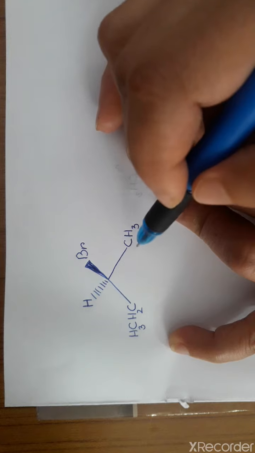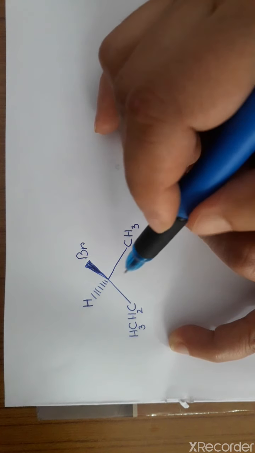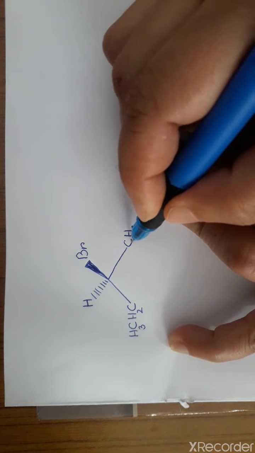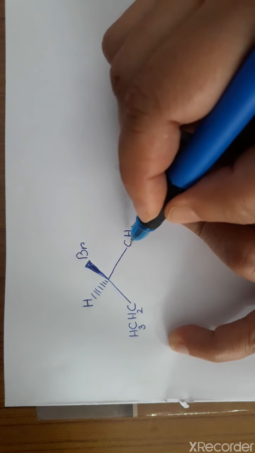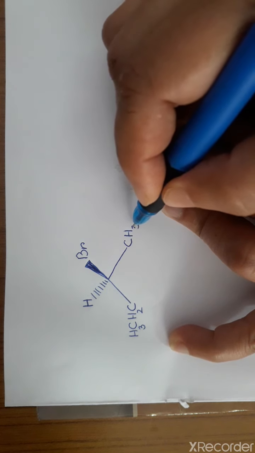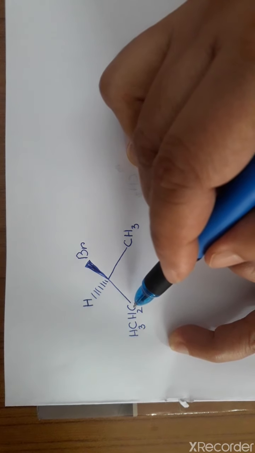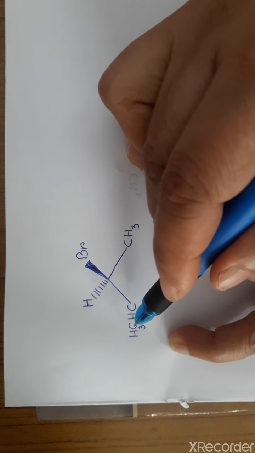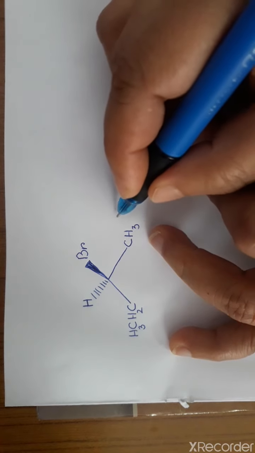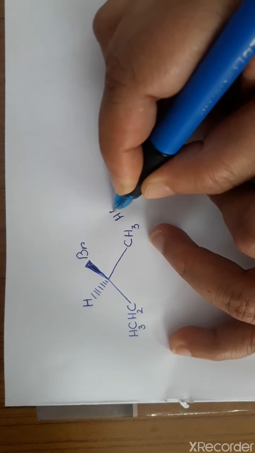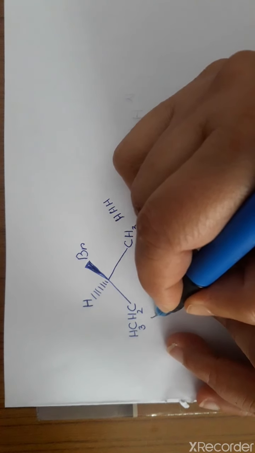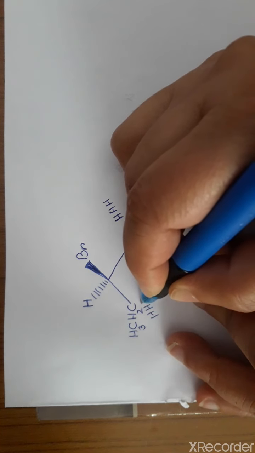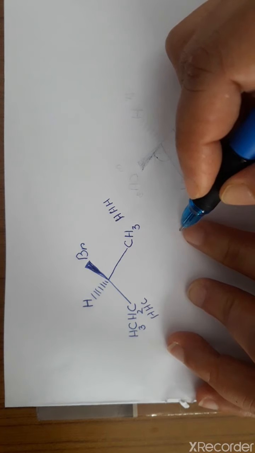Then there is a tie between these two. Then what to do? We have to see which atoms this carbon is now attached to. Here this carbon is attached to 3 hydrogens. Here this carbon is attached to 2 hydrogens and 1 carbon.